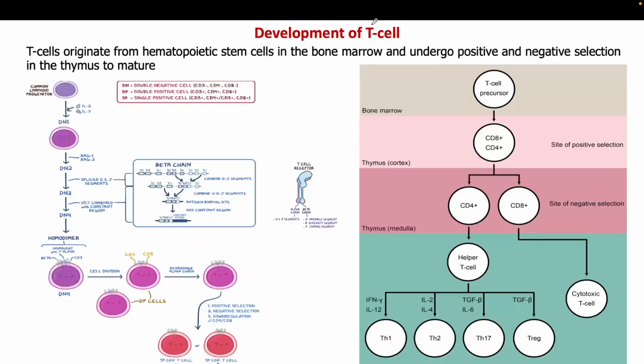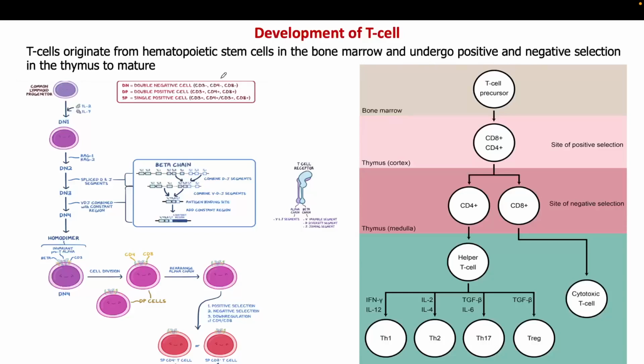Now the development of T cell we will see. In case of T cell, this T cell originates from the hematopoietic stem cell in the bone marrow, and undergoes positive and negative selection in the thymus to mature.